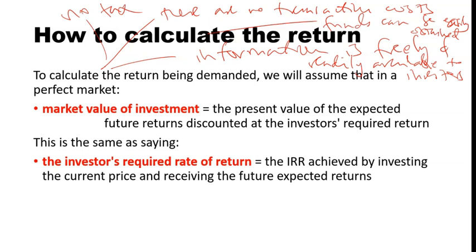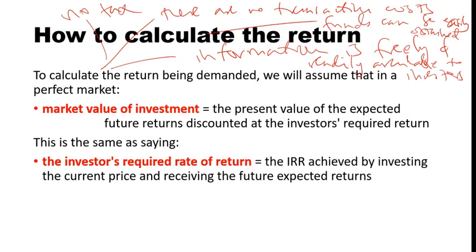So in this type of market, the market value of an investment is equal to the present value of the expected future returns discounted at the investor's required rate of return.